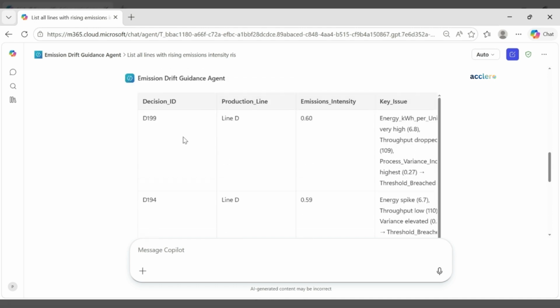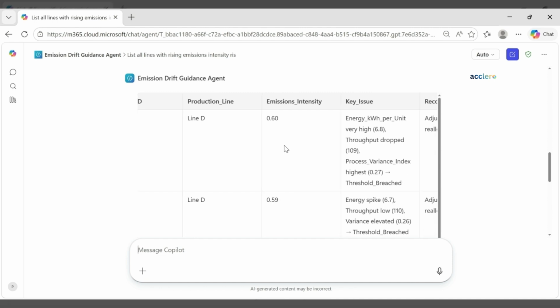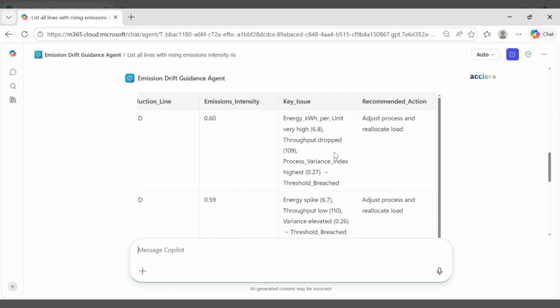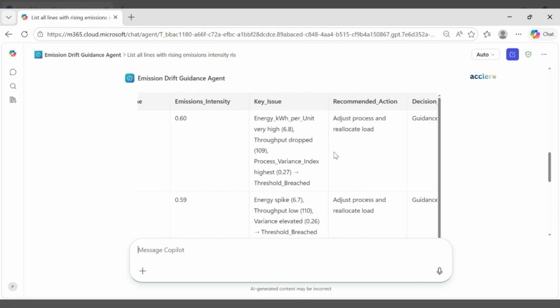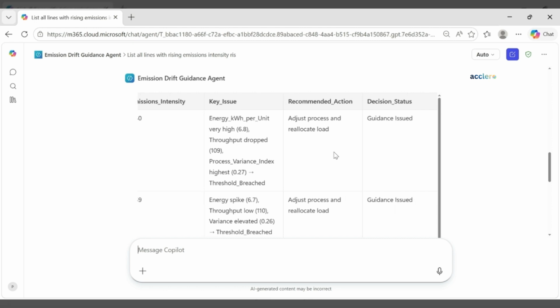So D199 is the highest risk case with an emission intensity of 0.60. It is driven by the highest energy consumption per unit, the lowest throughput, and peak process variance, indicating a severe emission spike.